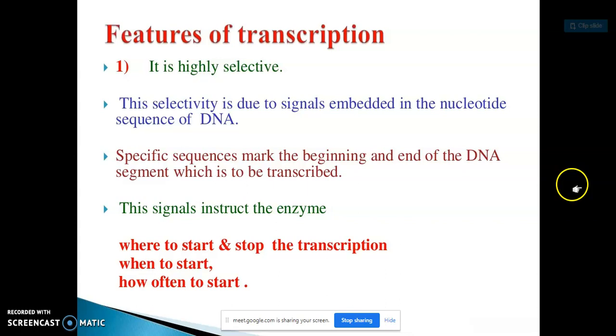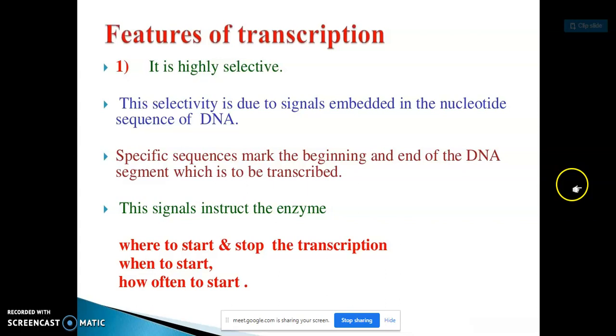So only when there is a need. You will understand that the synthesis process is a highly energy-requiring process, so it won't waste much energy by synthesizing unwanted, unnecessary enzymes. Only when there is a need, it will be synthesized. That's why it is a highly selective process. This selectivity is due to signals embedded in the nucleotide sequence of DNA.